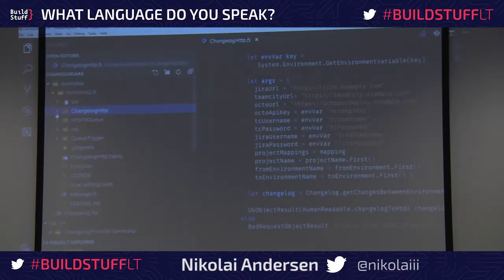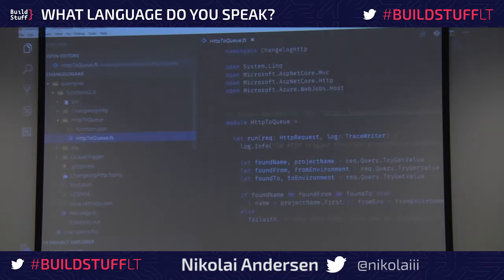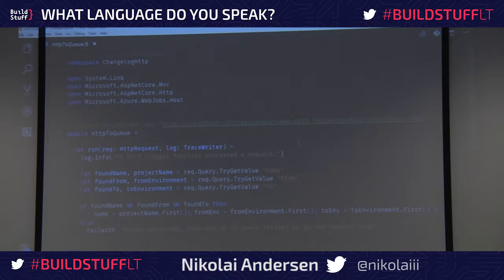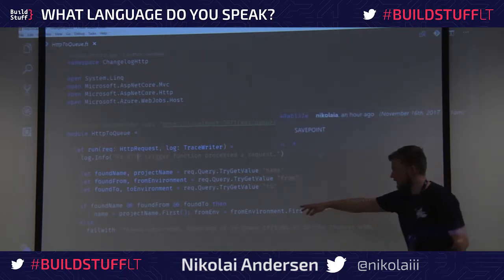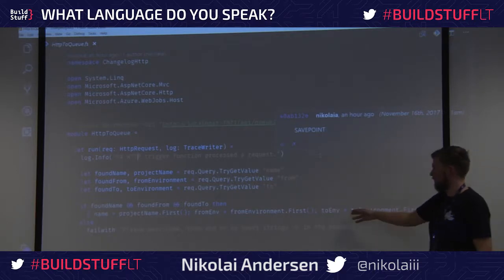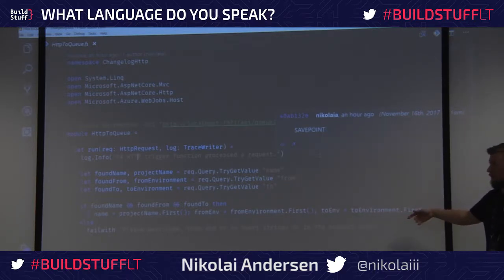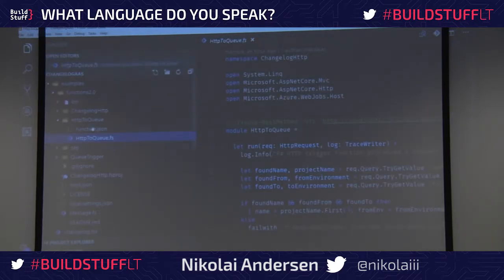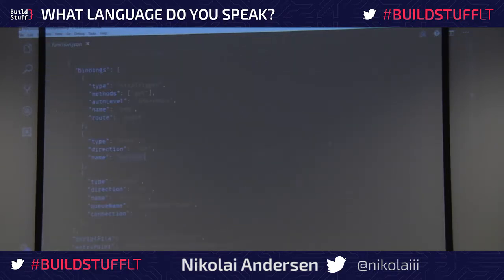Another cool thing is if you want to serve everything from one function, but you can also do something like this easily. Here I do the same, but I have a simple type I've made that has name from environment to environment, and I simply return that from my function. And I have bindings in my function, things I get for free from Azure Functions.